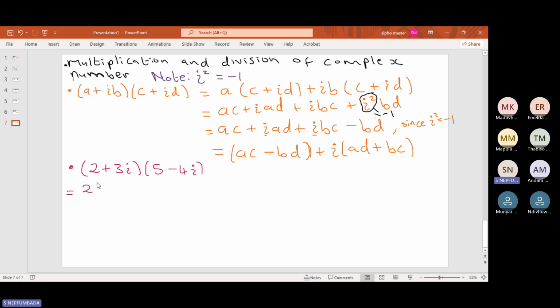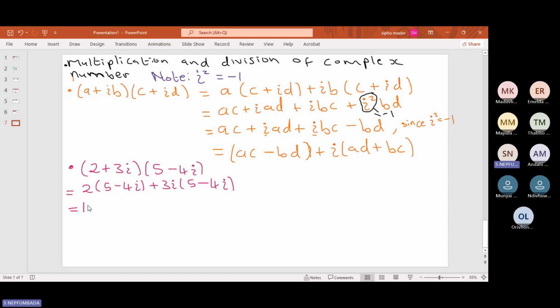This 2 is going to multiply everything, and this plus 3i is going to multiply everything. Then when we remove the bracket, we're going to have what?